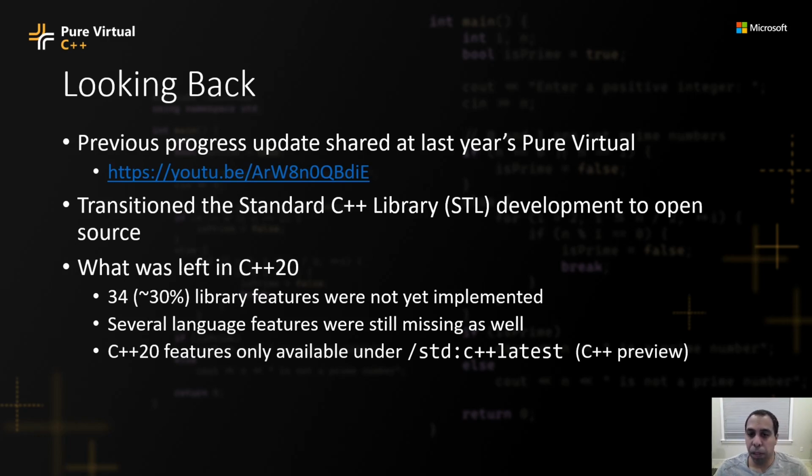At that time, approximately 30% of the features were yet to be implemented. And the demos and any other C++ projects targeting C++20 were all built using the std:c++latest switch. That switch is normally used to preview C++20 features.